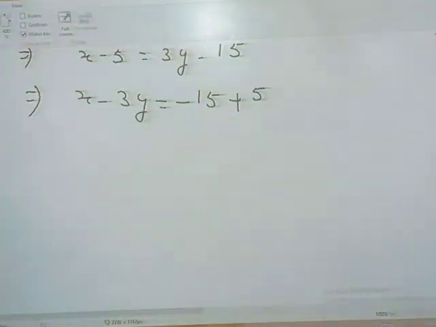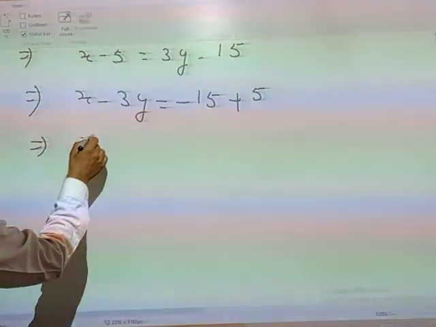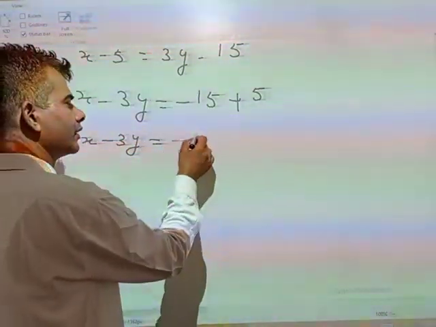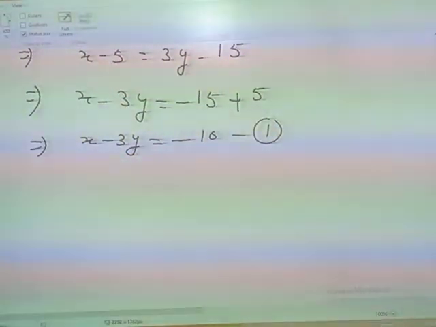So x minus 3y becomes minus 10. That is your first pair of linear equations in two variables. Any doubt, any problems up to here? If you have any doubt, you can ask me.